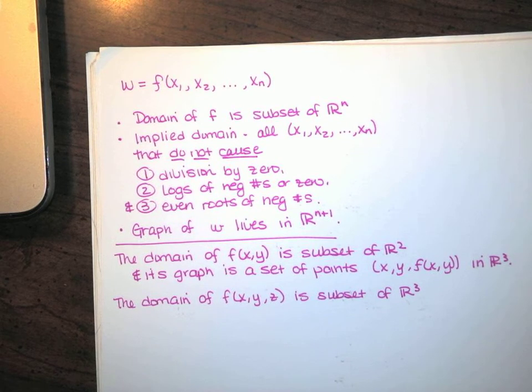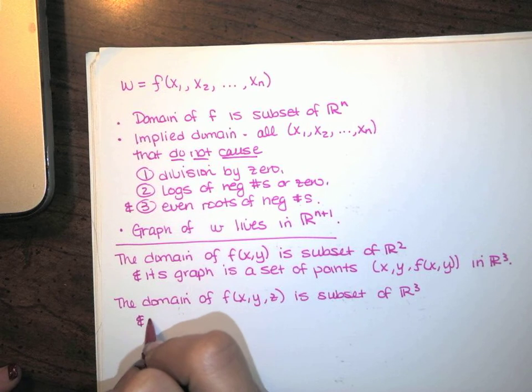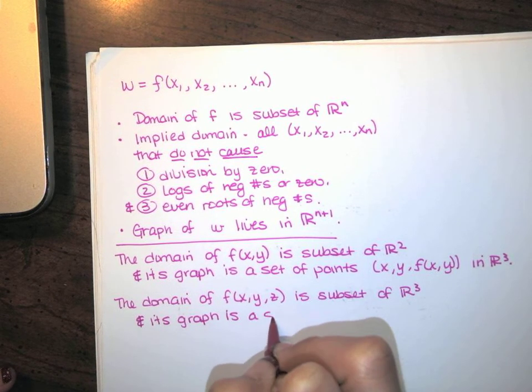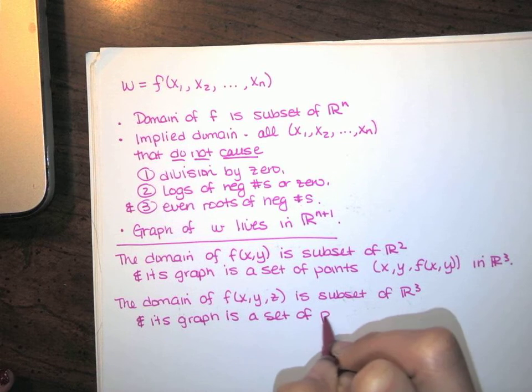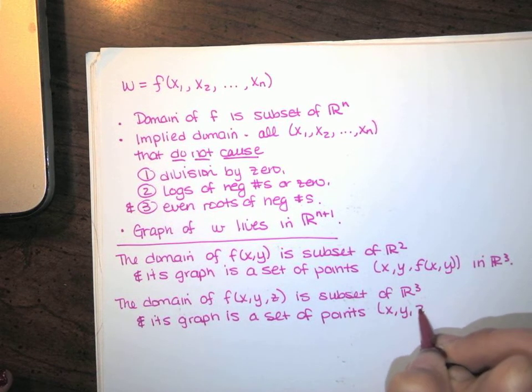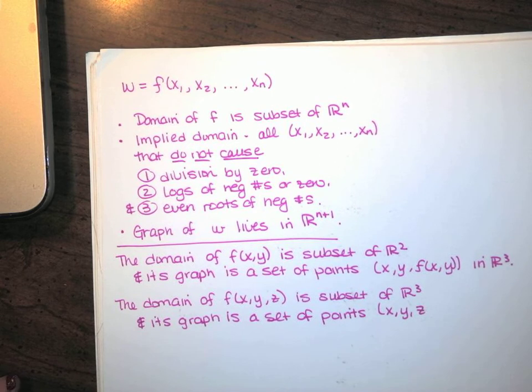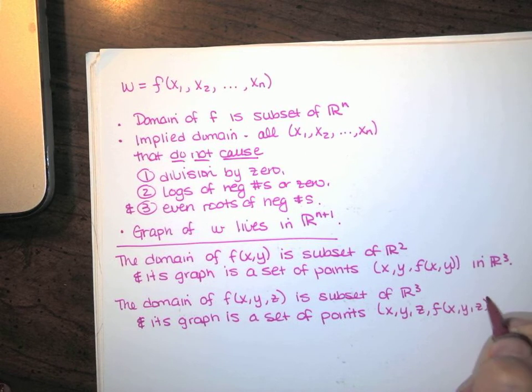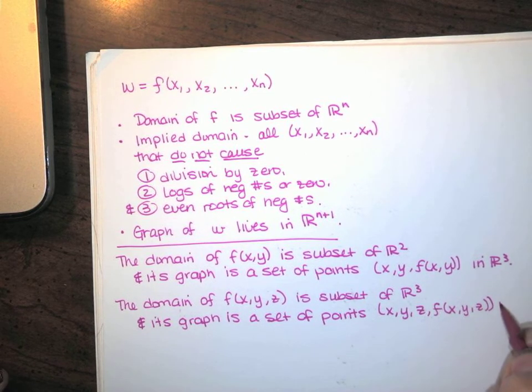If I pick out an x, y, z in that region and I substitute it in here, that's going to give me a w value. Now the graph of this one is a set of points in 4-dimensional space, but I can't really see that. We're going to have to get creative. We need one coordinate for each of our input variables x, y, and z, and we need a 4th coordinate for w, the output f of x, y, and z. So this is in 4-dimensional space.